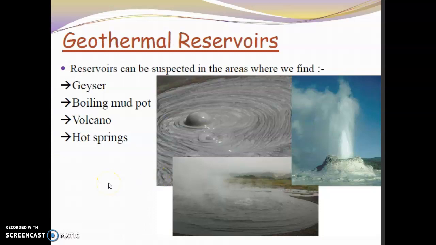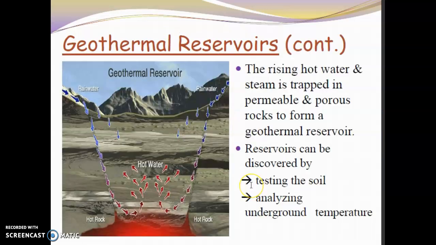Geothermal reservoirs. These are some of the suspected areas where we find reservoirs: geyser, boiling mud pot, volcano and hot spring. You can see the mud pot and volcano.